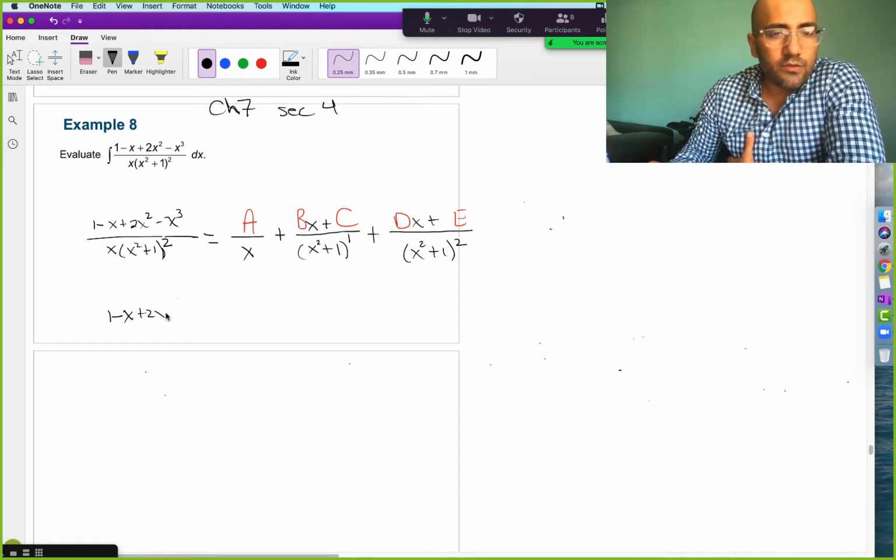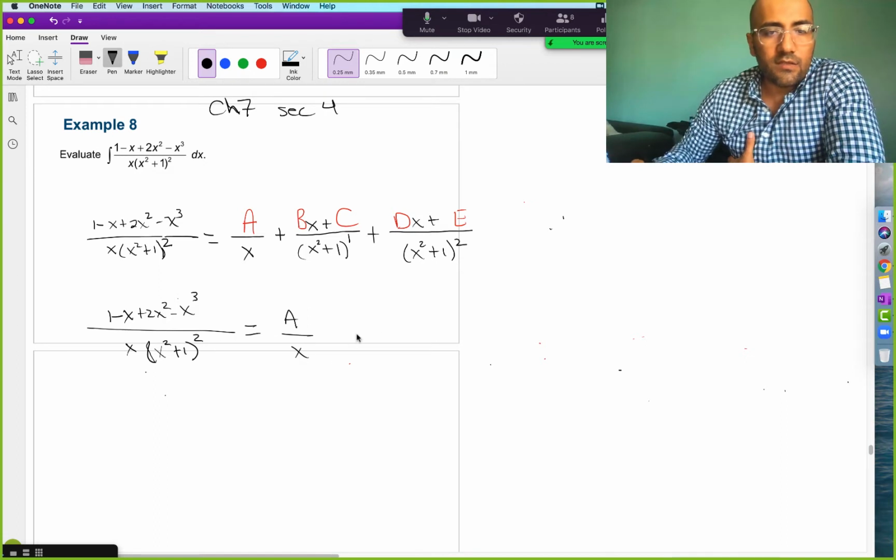(x plus 2x squared minus x cubed) all over x times (x squared plus 1) squared equals, and then capital A over x, and leave some space there. Actually, that's fine.